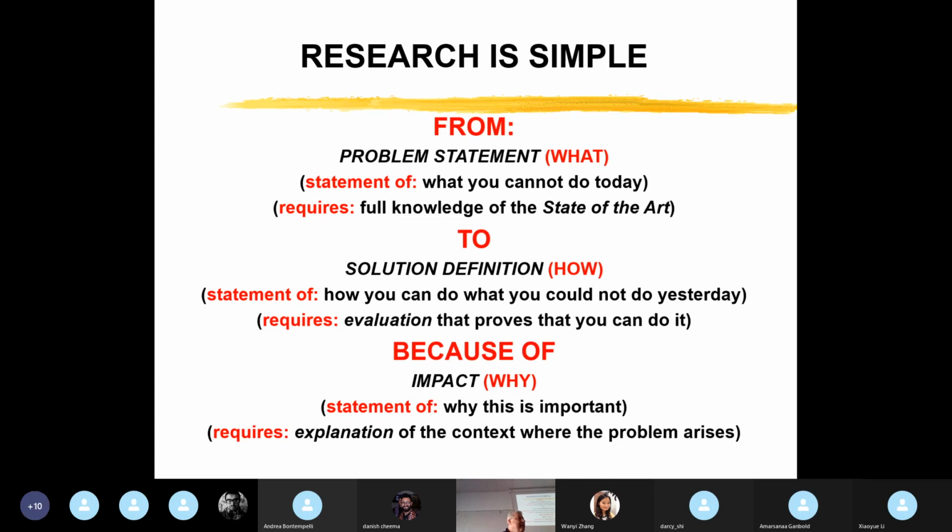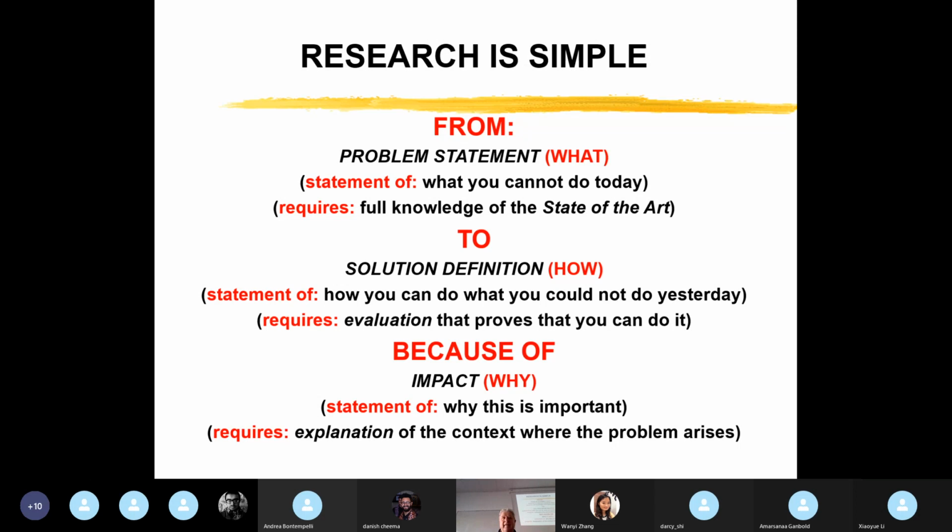If I do this tomorrow, what can we do more? What we can do is going to improve the quality of humanity. And this is why some people don't want to do research on arms and whatever.